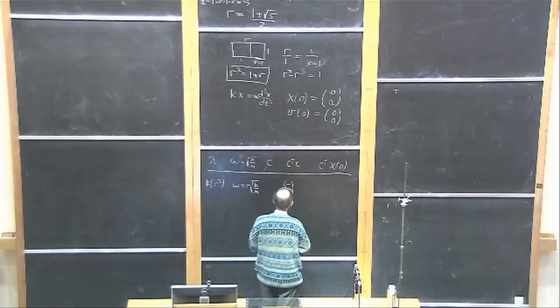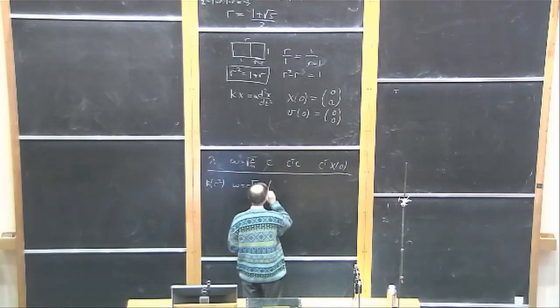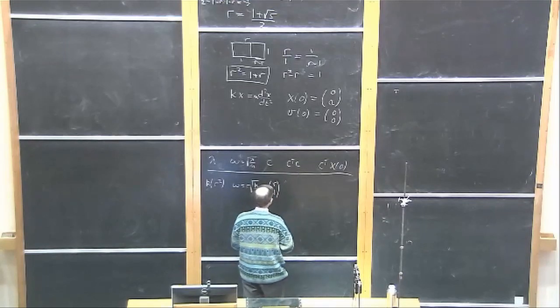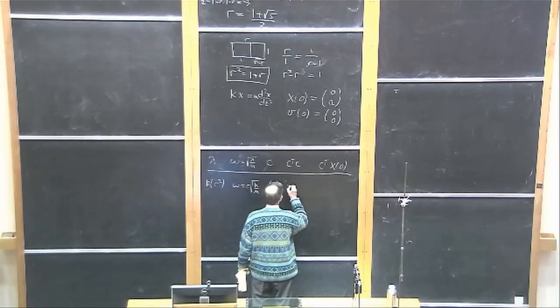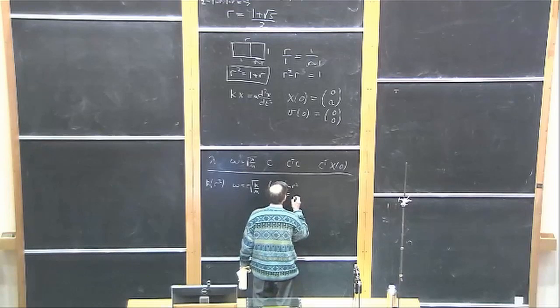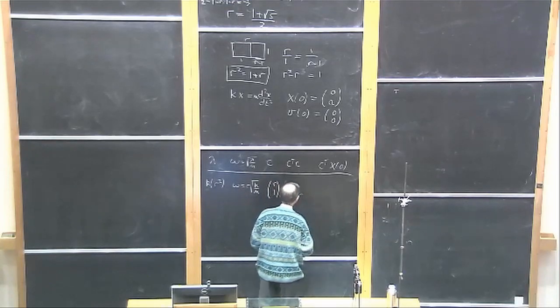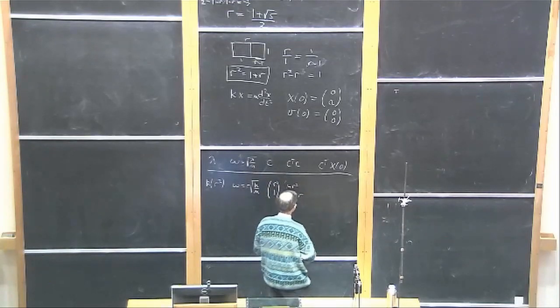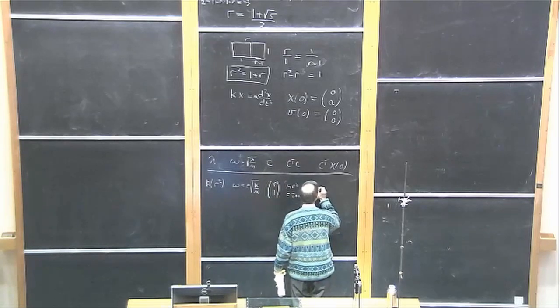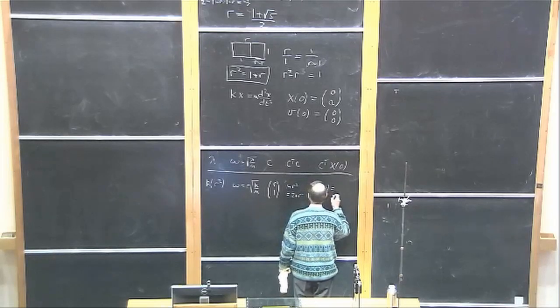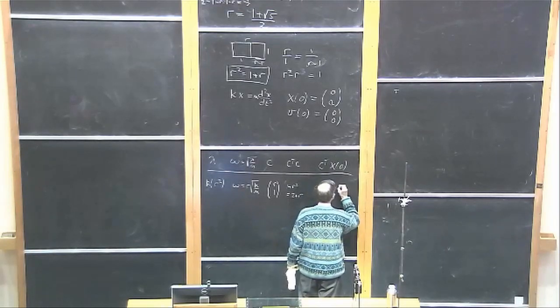C transpose C is then 1 plus r squared, which is 2 plus r. C transpose x of naught is just r.